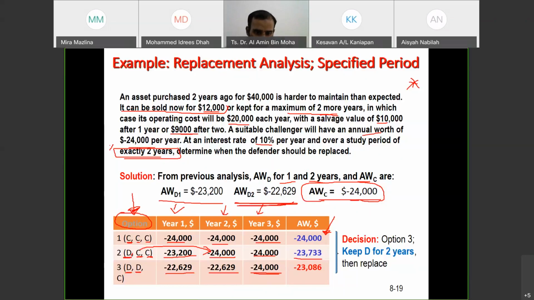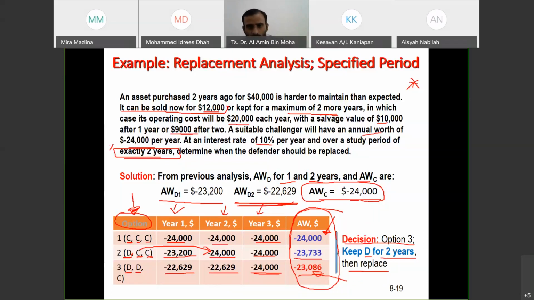So we get the average of 23,086. Now we compare to decide. Which one is the lowest? The third one. So our decision would be option 3: keep the defender, the existing machine, for 2 years and then replace.